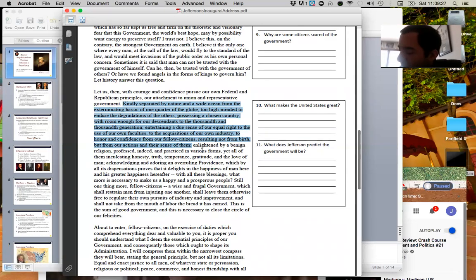What makes the United States great? Number 10. Well, there's a lot, but let's take a look at what he says. Highlight or underline to the left here.